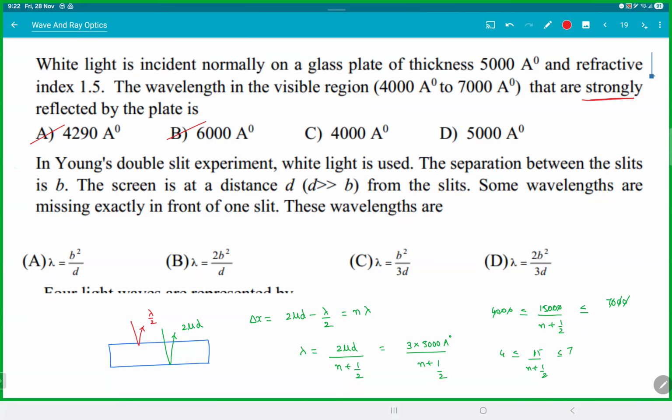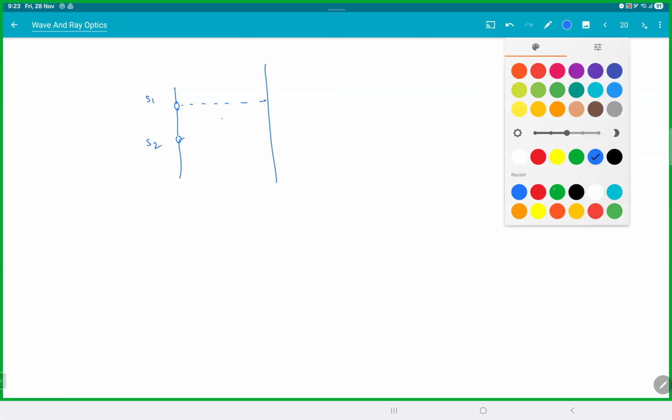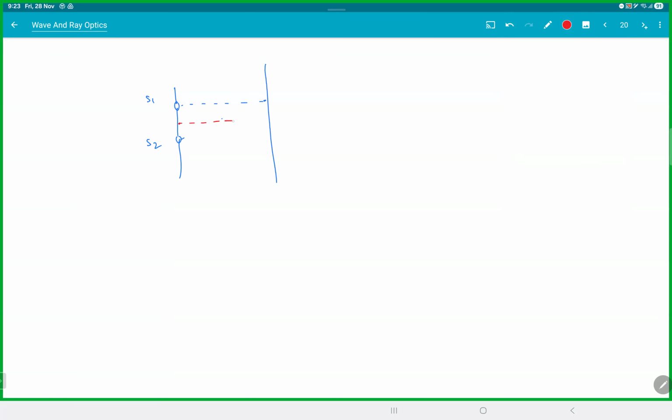Then in the double slit experiment, this is a very good standard question if you remember. We did this in the notes as missing wavelengths. What is the second one trying to tell you? We have two slits. Exactly in front of the slits, there are wavelengths missing. That means it is forming a minima. There is nothing big about this. Indirectly, he gave you the distance x is equal to d by 2.